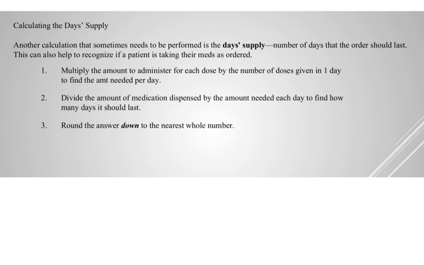They're not taking too much or too little, so you can calculate the day's supply. So a lot of times you're going to have to do a dosage problem. Then you're going to multiply the amount to administer for each dose by the number of doses per day. Then you're going to divide the medication by that number, and it will tell you how many days it will last. Okay?